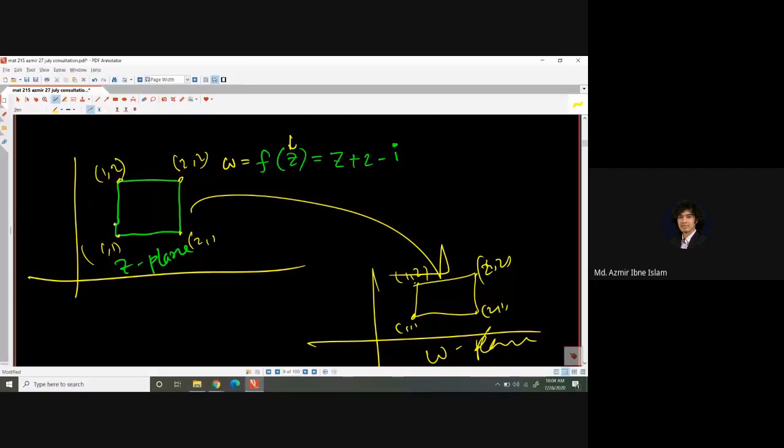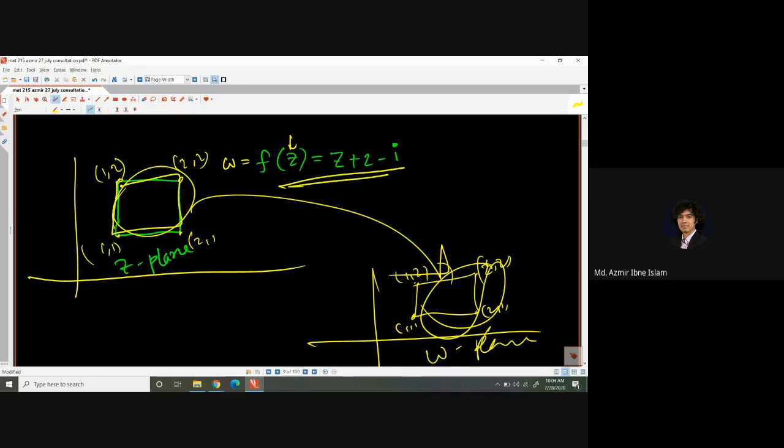If whatever points we have in the z plane are the same in the w plane, then we can say this square and this square are the same and live at the same position. But things are not always the same, since we have the mapping.